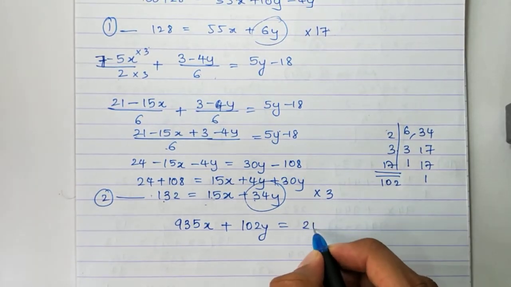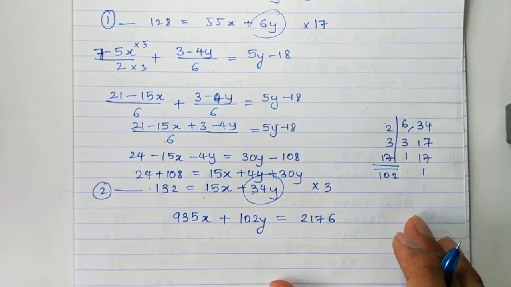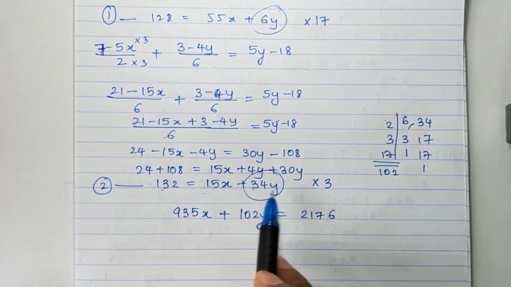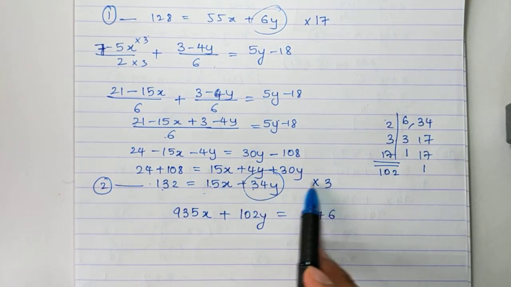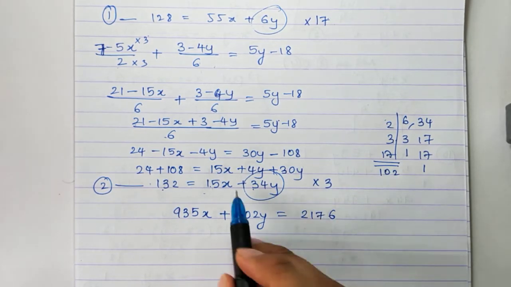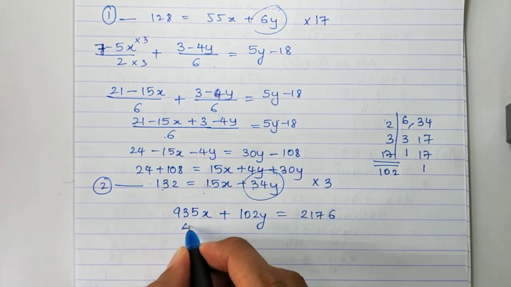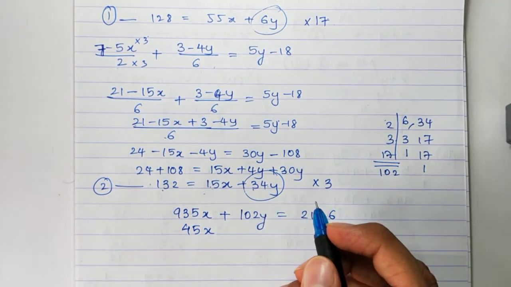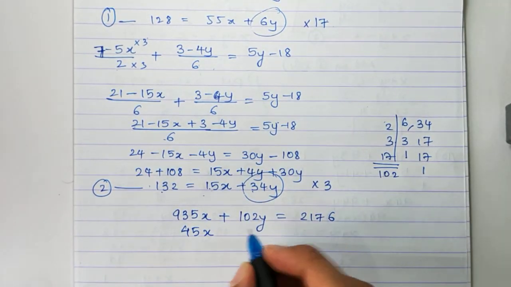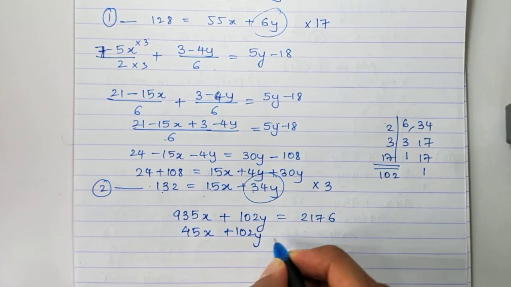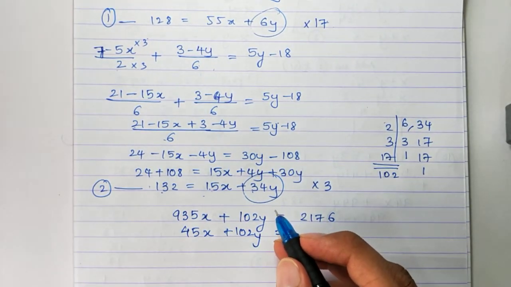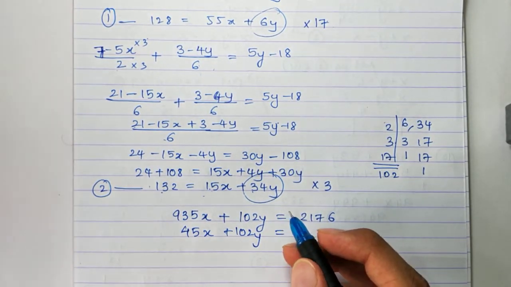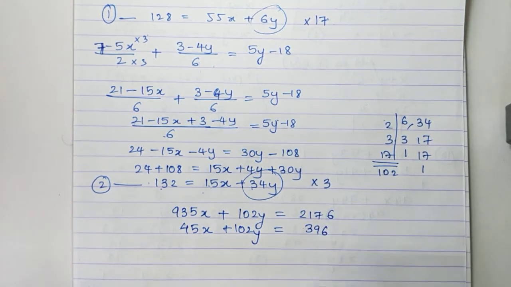That is 2176. Okay, then here 3 will get multiplied with all these numbers. So 15 into 3 is 45x, 34 into 3 is 102y equals 132 into 3 will give you 396.